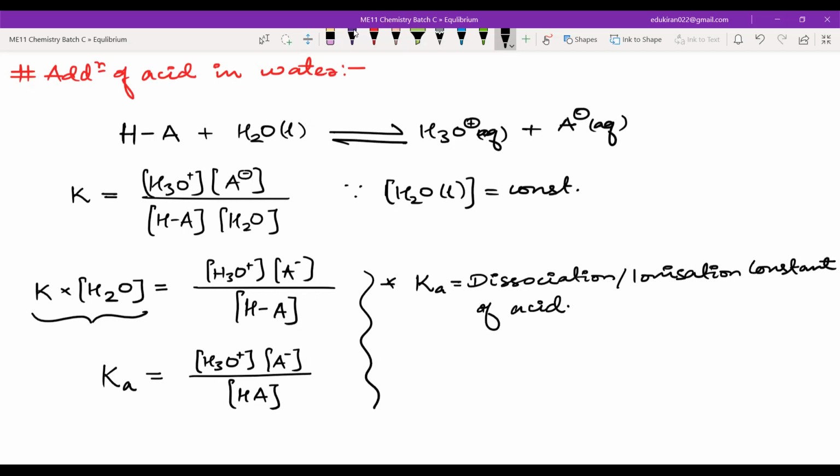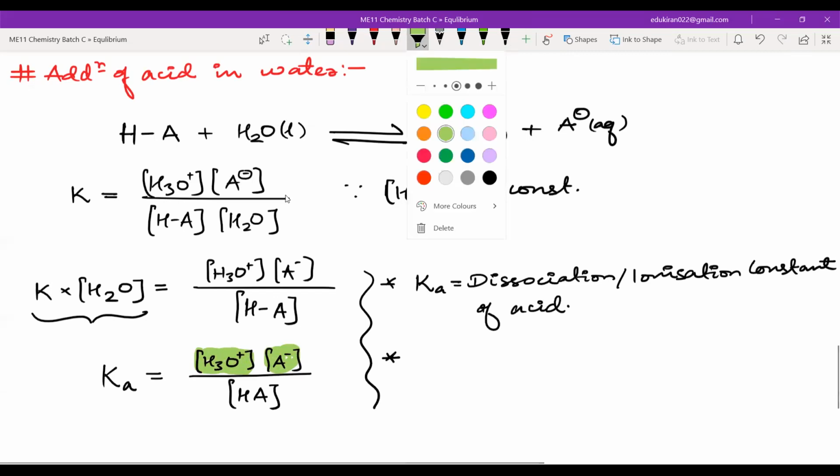That means, now you tell me, if I have a very strong acid, then it will liberate more and more H plus ions, yes or no? Yes, sir. That means the concentration of H plus ions and A negative ions will increase. It will be very high compared to the concentration of the undissociated acid.